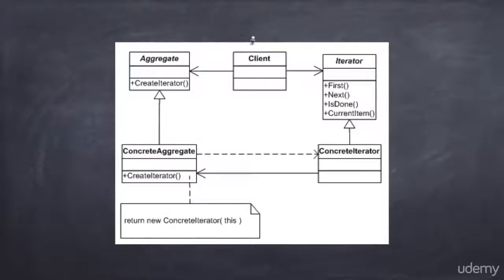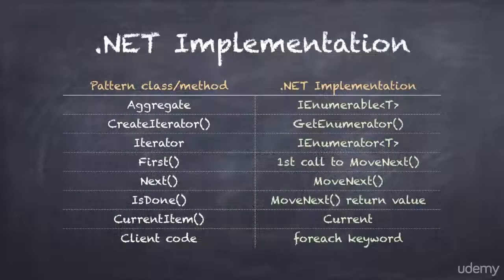The .NET framework has a specific implementation of the iterator pattern that is pervasive throughout the entire base class library. Each collection class implements a special interface called IEnumerable. This is the equivalent of the aggregate base class in the iterator pattern.